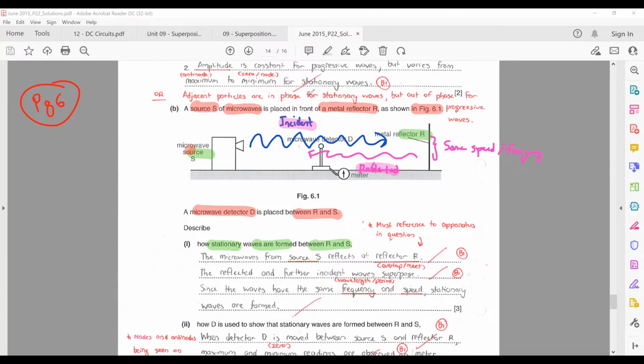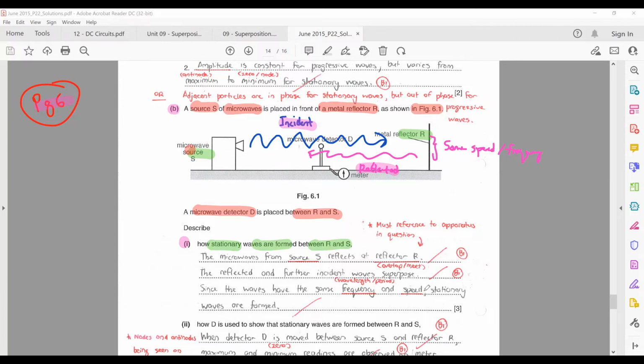So from what you learned under the concept of stationary wave, we mentioned that stationary waves are formed when two progressive waves of the same frequency and same speed travelling in opposite directions overlap. We are on page 6 of the worksheet, question B, part 1. So stationary waves, as I mentioned, are normally formed when you have two progressive waves travelling in opposite directions with the same speed and frequency.